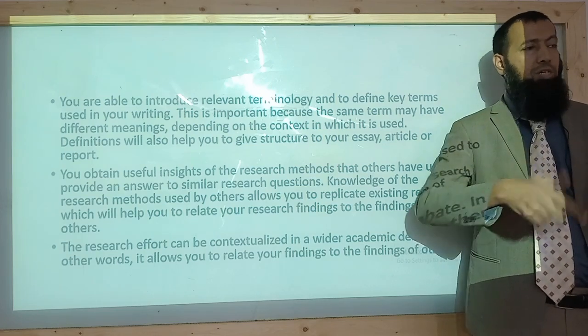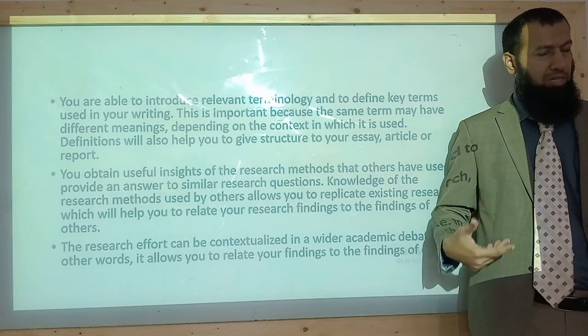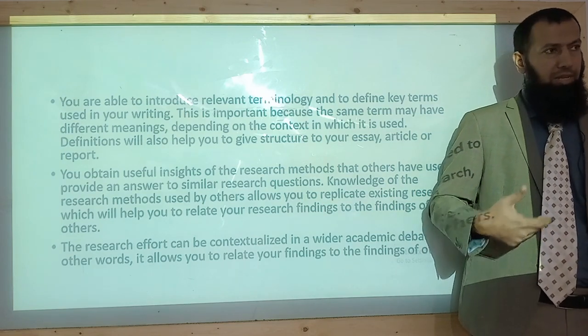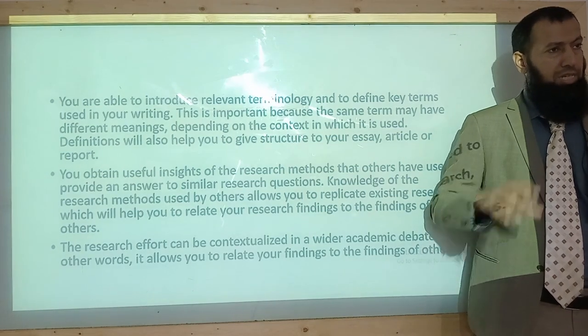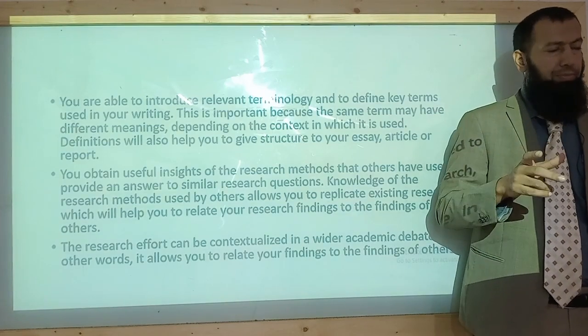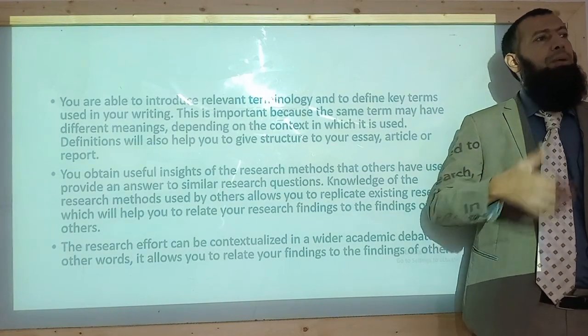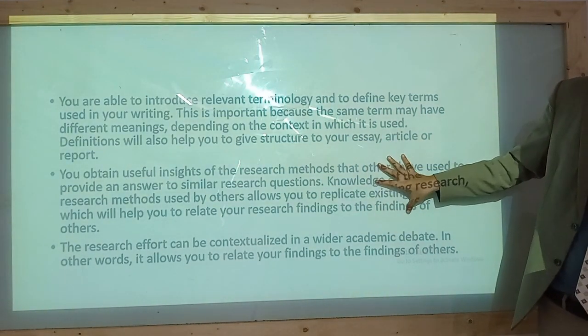Then the methodology to solve the problem: respondents, methodology, measures. Then the statistical analysis, the numbers you see, and then at the end interpretation. So basically you learn so many things from the research paper.